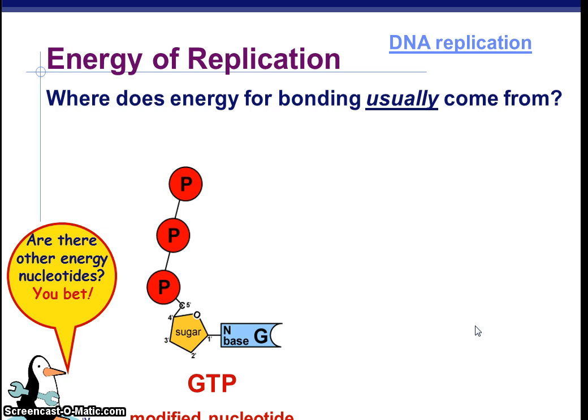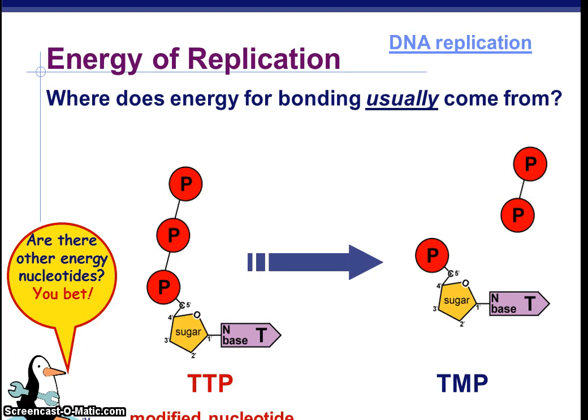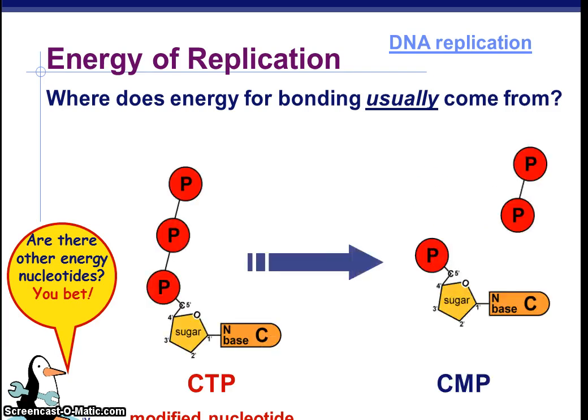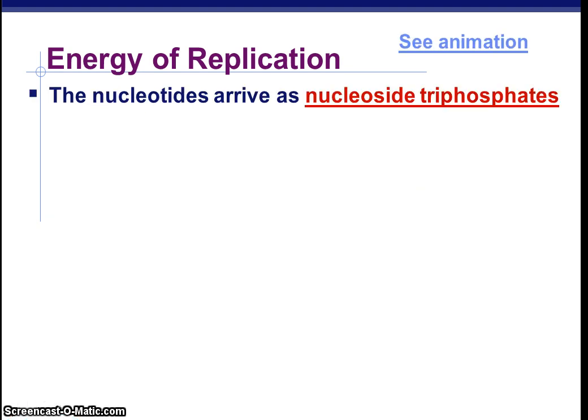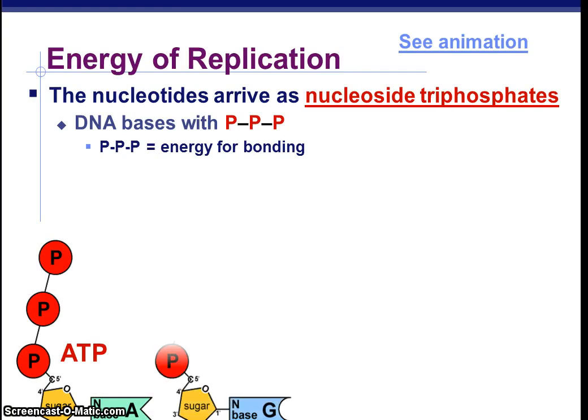You can also get different types, GTP, TTP, and CTP. So one of the first things that happens, nucleotides arrive as nucleoside triphosphates. DNA pairs with that triphosphate, gets that energy for bonding.